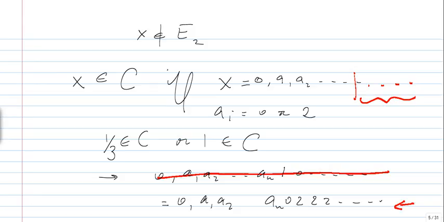So now, this shows that you have what? You have a kind of one-to-one relation between C and 0, 2 to the power n. Okay? And in this case, it's very easy to see that there is a one-to-one mapping between C and 0, 2 to the power n.